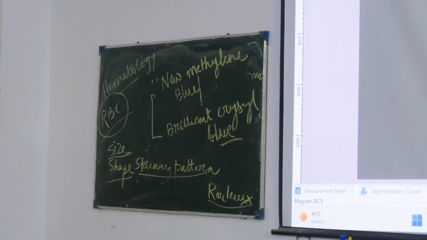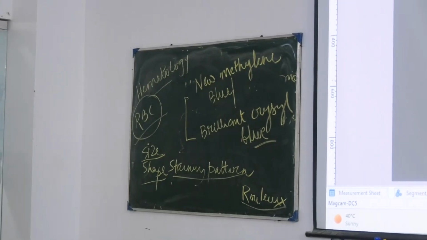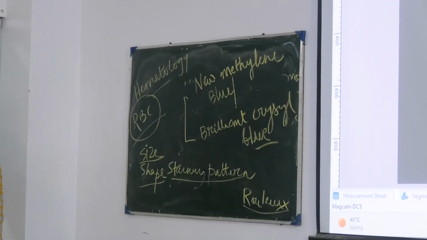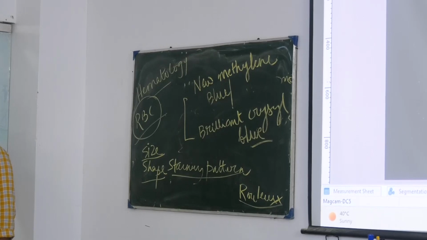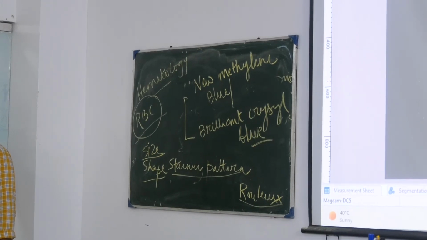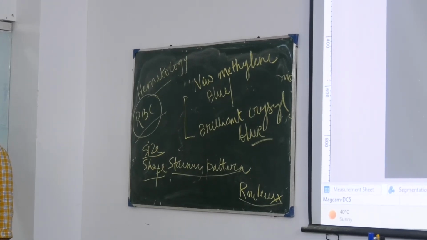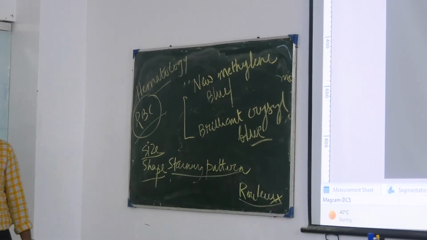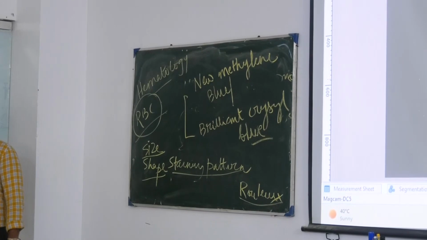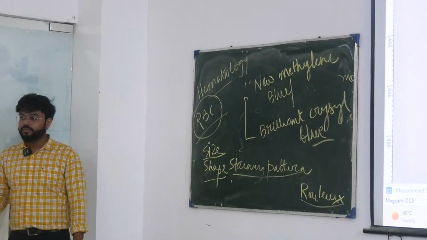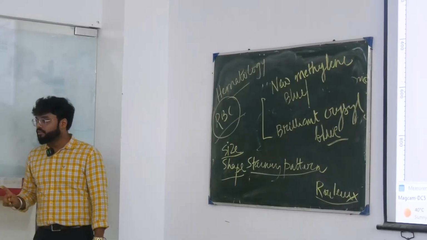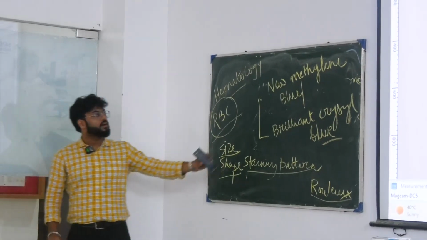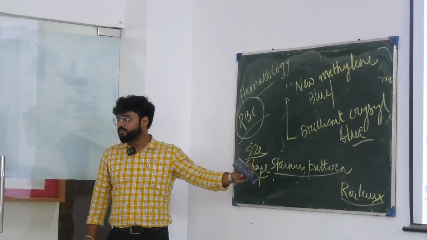Vital stain, because they can stain the reticulocyte only in live condition. If we heat the RBC, if we fix the RBC, then it cannot stain the reticulocyte. That is why it is known as supravital stain. In live condition, they stain only the reticulocyte. These two are the special stains for the reticulocyte.